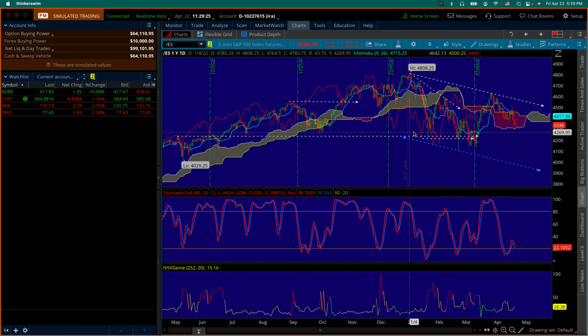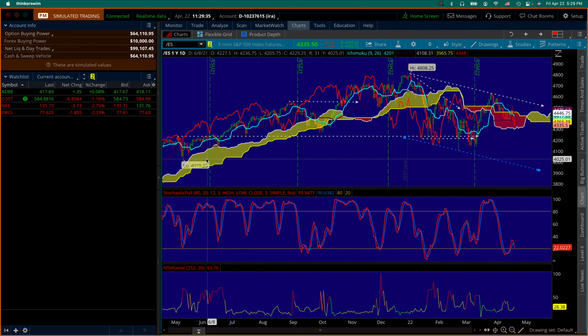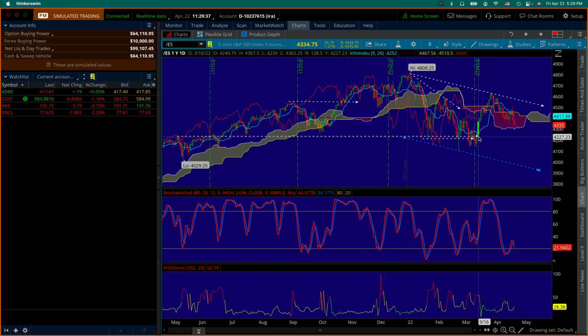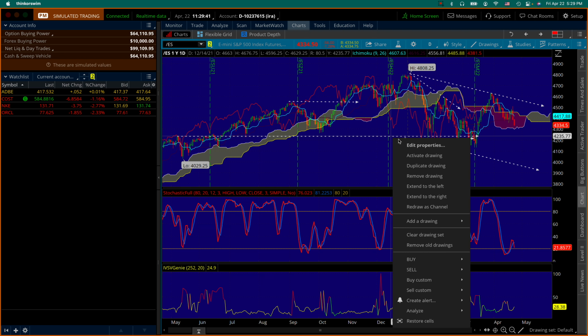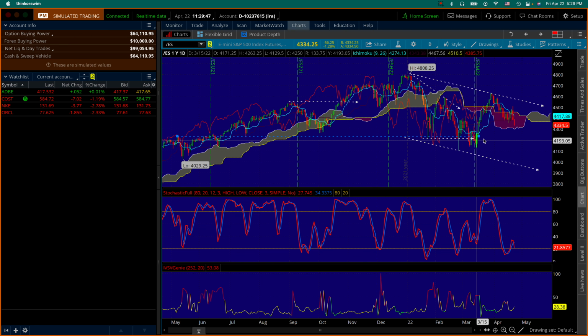So I have a few lines here that are indicators of previous highs that now are support points. And so this is a point where the market might let me just activate this drawing so that we can extend that.